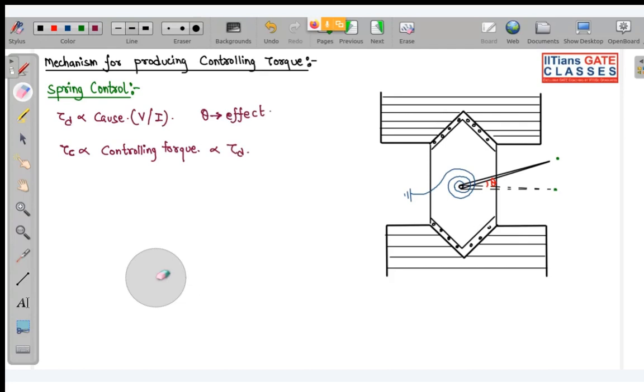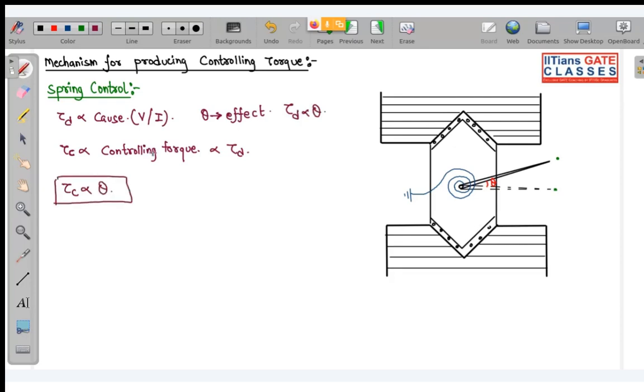Clear? So here, this controlling torque is produced by the spring force. If TD is proportional to theta, that means TC is also proportional to theta.